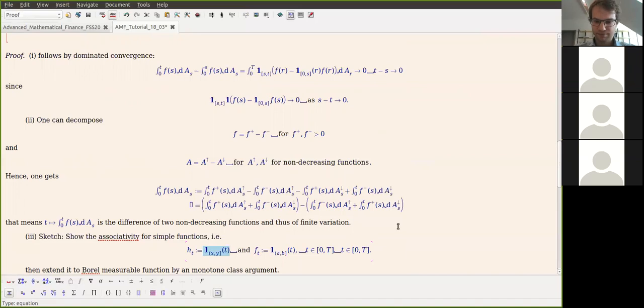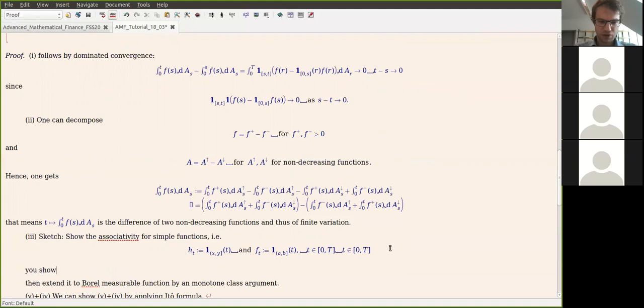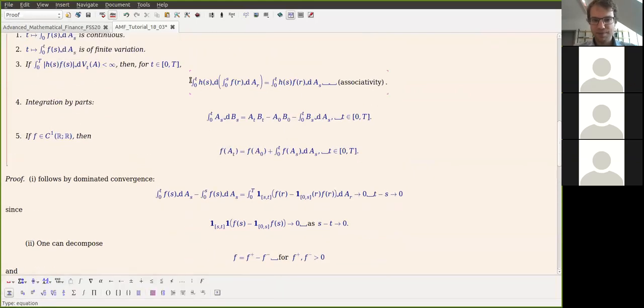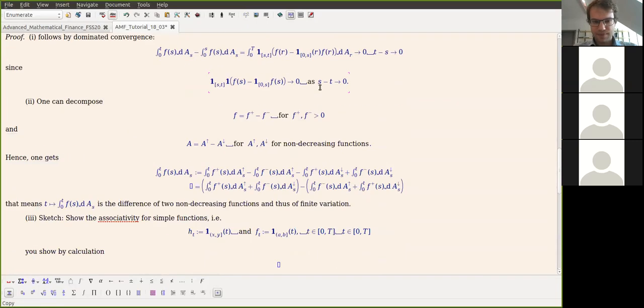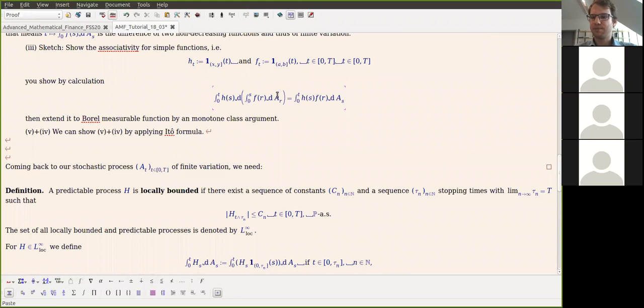And then you show it. You just plug in the definitions, because if you take these simple functions, all the integrals are just sums. So classical finite sums. And this means you can just rearrange the sums and you get this equation.